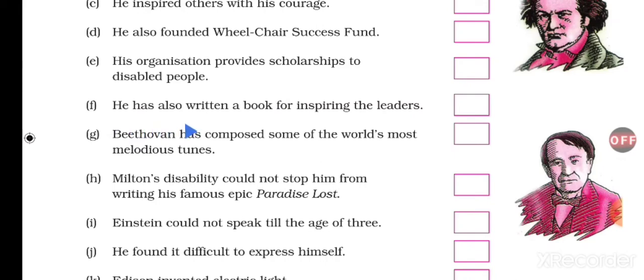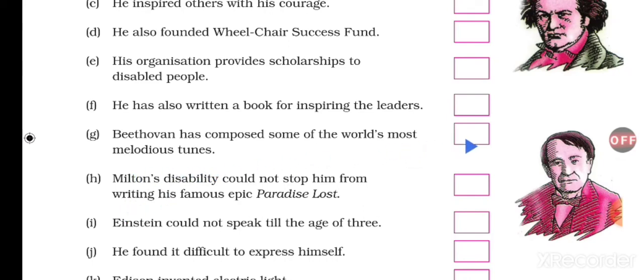He has also written a book for inspiring the leader. He has written what? A book. So it is also a transitive verb. Beethoven has composed some of the world's most melodious tunes. Beethoven has composed what? Some of the world's most melodious tunes.